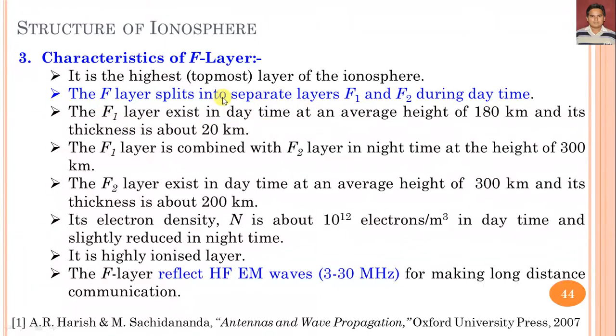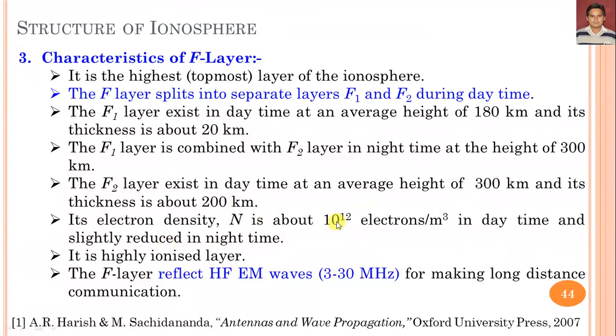The F1 layer exists in daytime at an average height of 180 km and its thickness is about 25 km, and the F1 layer is combined with the F2 layer in night time at the height of 300 km. The F2 layer exists in daytime at an average height of 300 km and its thickness is about 25 km.